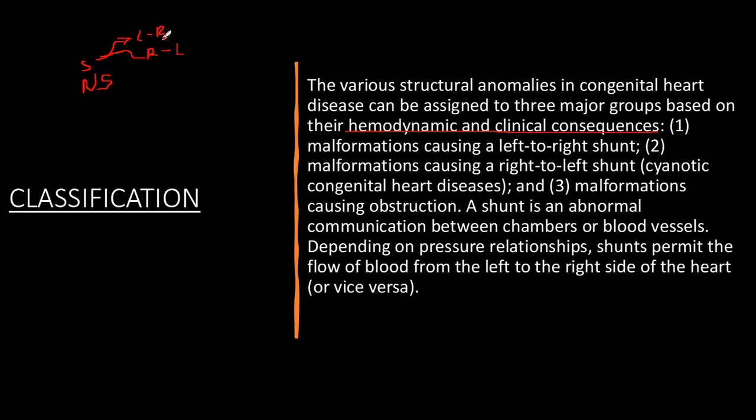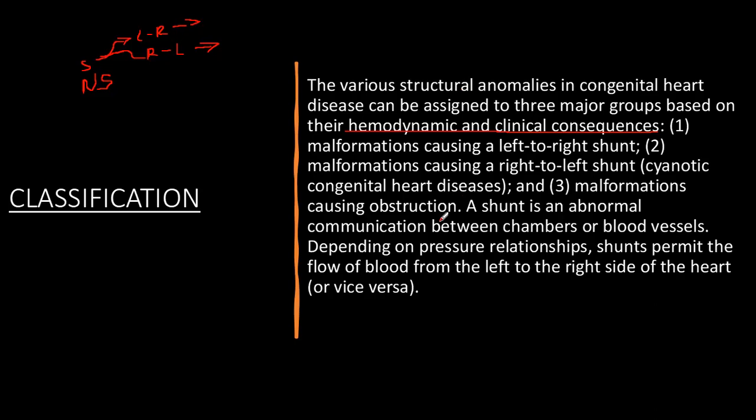Now, in left to right shunt anomalies, blood is moving from the oxygenated bloodstream to the deoxygenated bloodstream. So there'll be no cyanosis. So these are acyanotic. But in the right to left, the blood is moving from the deoxygenated stream into the oxygenated stream. So there'll be cyanosis. So these are cyanotic.